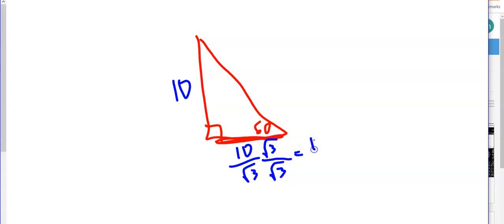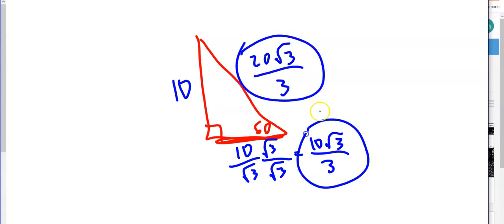So that would be 10 root 3 over 3. The hypotenuse is twice that, so that would be 20 root 3 over 3. So that'd be kind of a really tough problem there, but I think it's much tougher than that. If they give you the long leg first, it's hard to convert backwards usually, unless it happens to have a square root of 3 in there, and then it works out a little nicer.